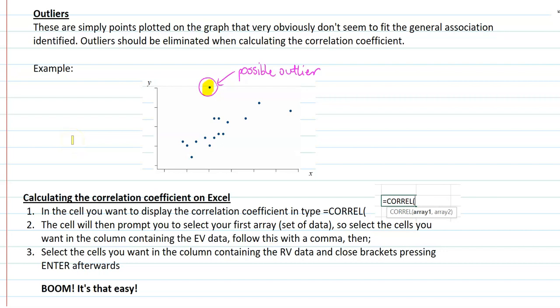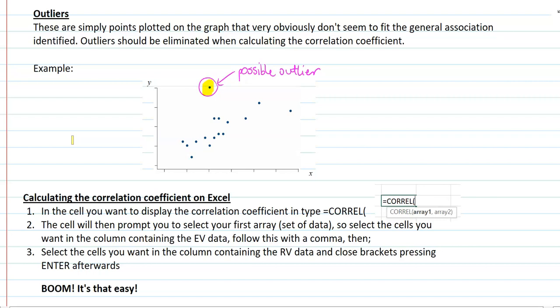Moving on to calculating the correlation coefficient in Excel, it's super easy. Essentially, just write somewhere in your table where you want to display your correlation coefficient, and we'll look at how to do that shortly in an example.